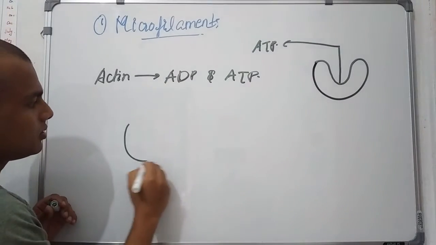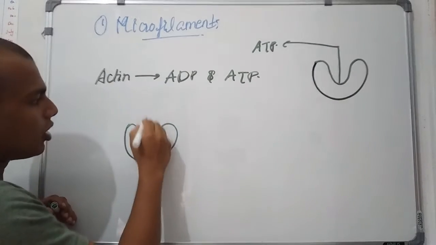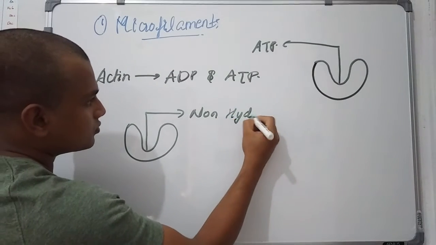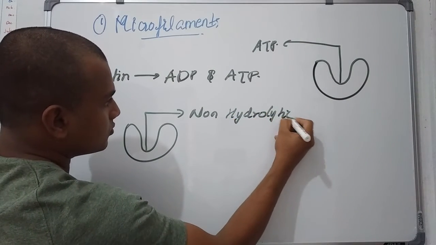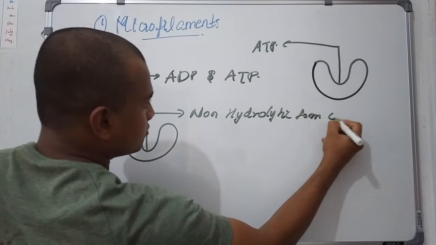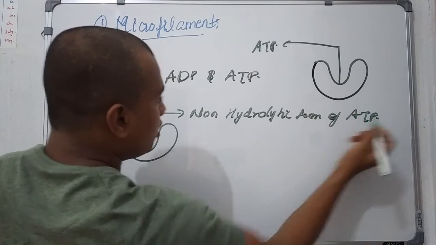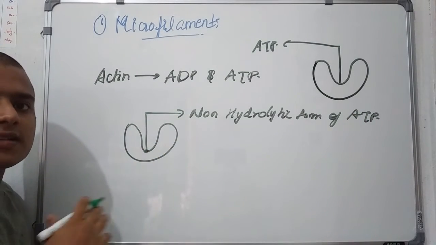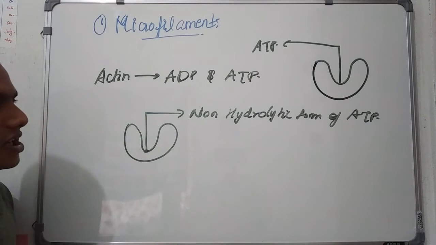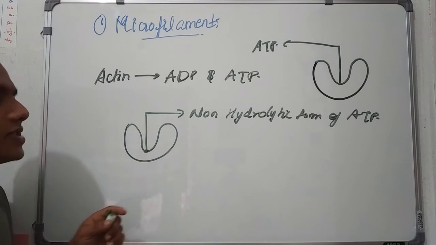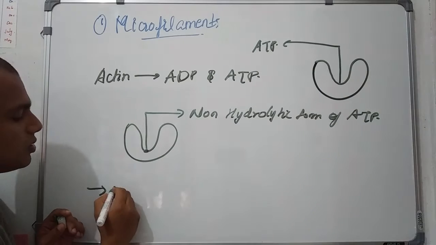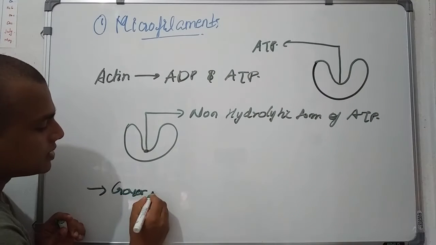Suppose a non-hydrolyzable form of ATP comes and binds to this location, the polymerization is not affected, which means ATP does not have a role in the polymerization. The use of ATP in actin is to govern the dynamics.